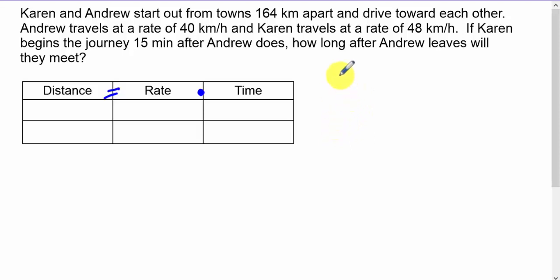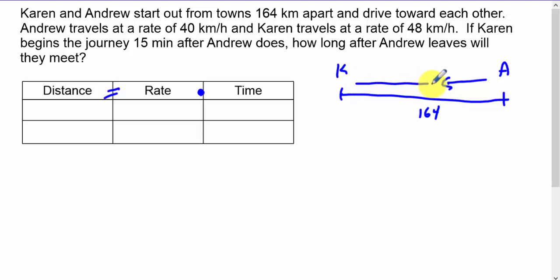So we start out from towns apart, and we know that this total distance is 164, and they drive towards each other, one at a rate of 40 miles an hour and one at a rate of 48 miles an hour.